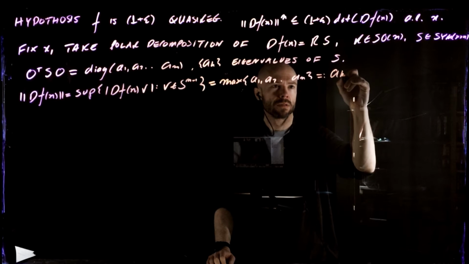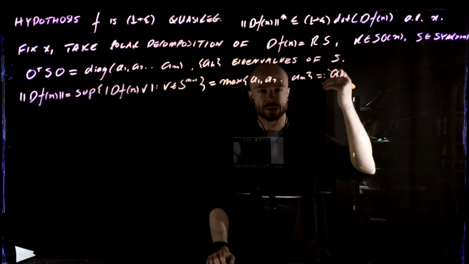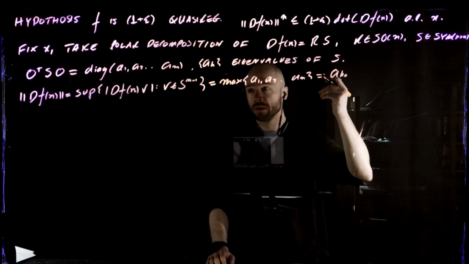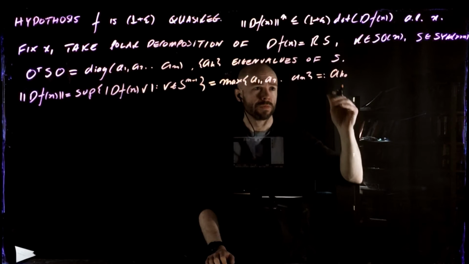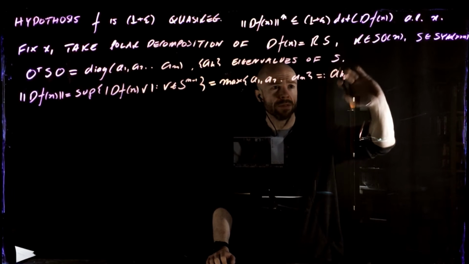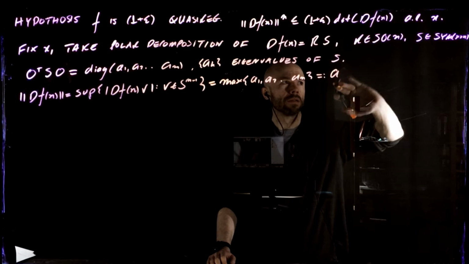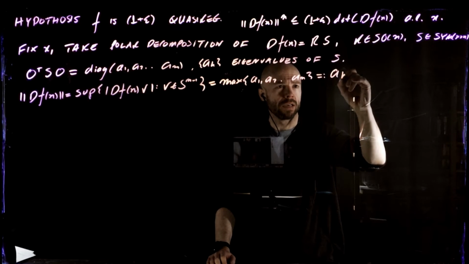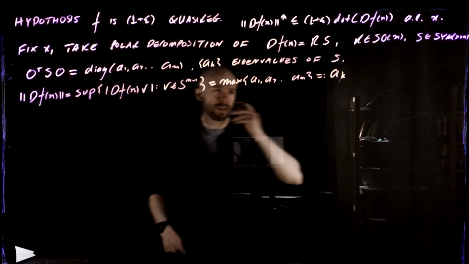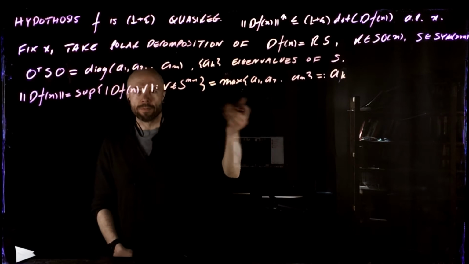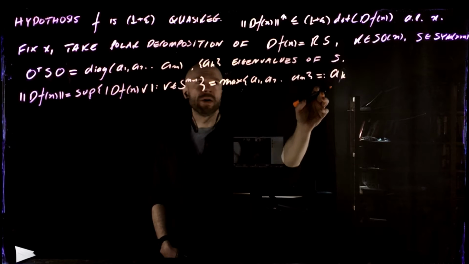So one of these guys is the max. Let's call it K0, yeah? And well, actually, just let's call it AK. Let's try and remember that K is fixed. All right, so this is what we know about the sup norm.